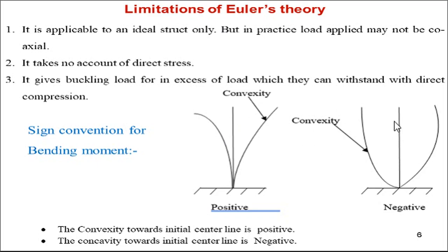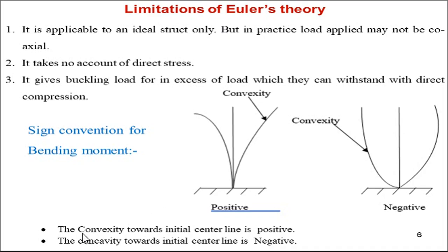When the shape is like that after application of the loads and stresses, convexity towards the initial center line of the member will be regarded as a positive bending moment, and when the shape is like this, that is a concavity towards the center line, then your bending moment is negative.